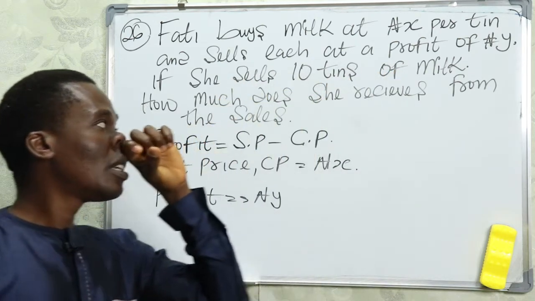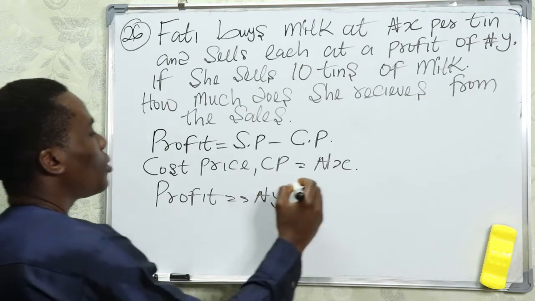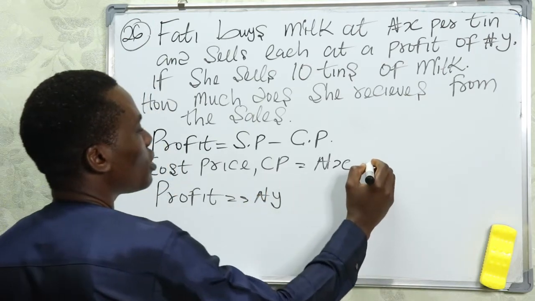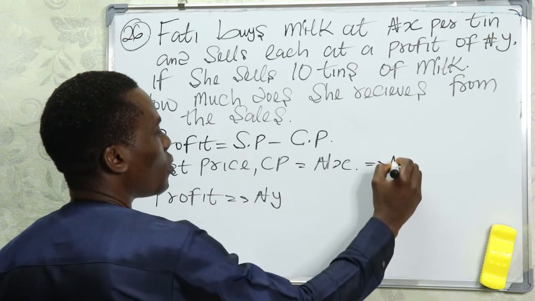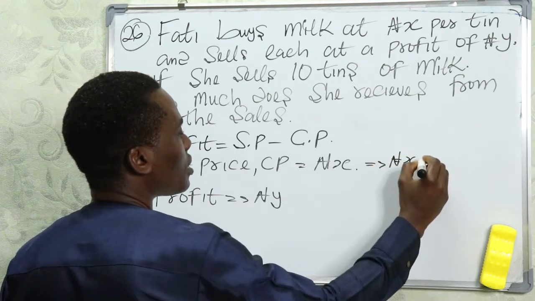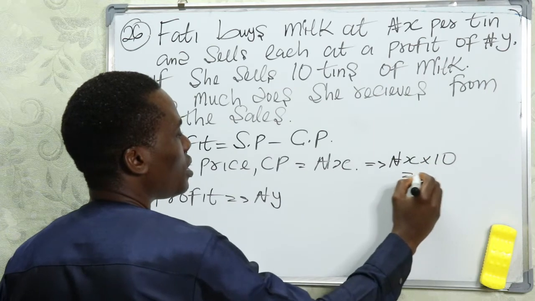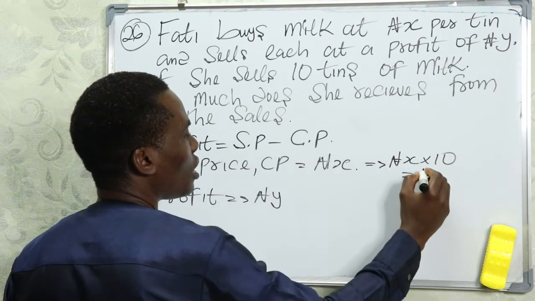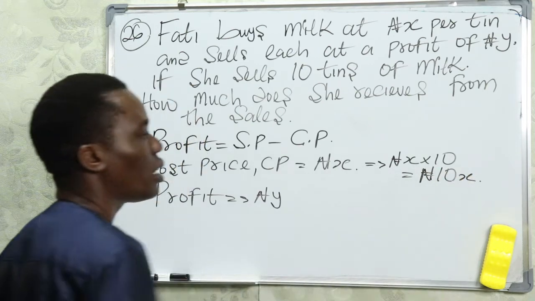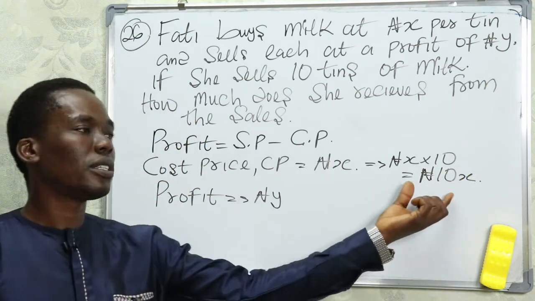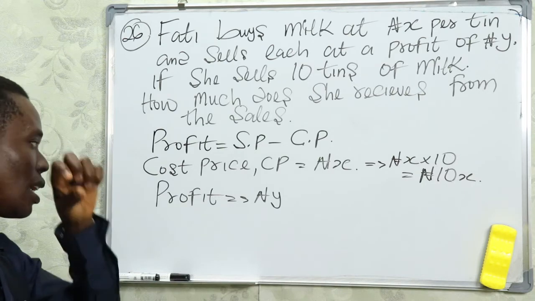So how many did Fatih sell? She sells 10 tins of milk. So the cost price of those 10 tins will be X naira times 10, which is equal to 10x naira. That will be the cost price Fatih used in buying that milk.